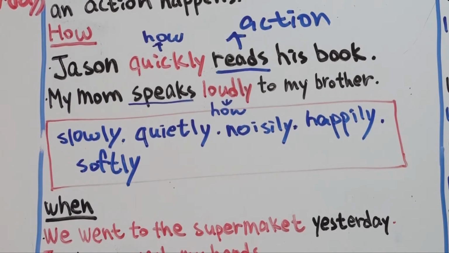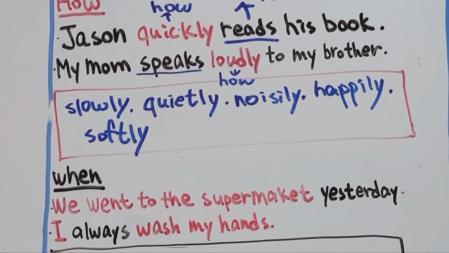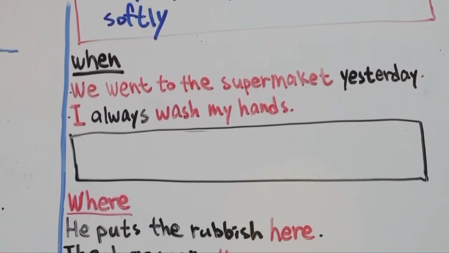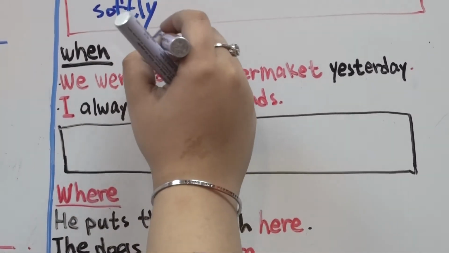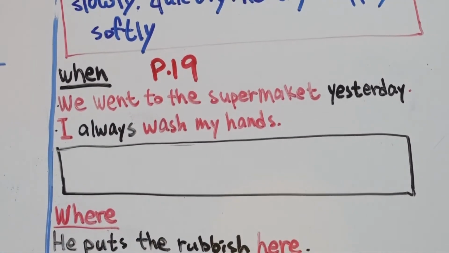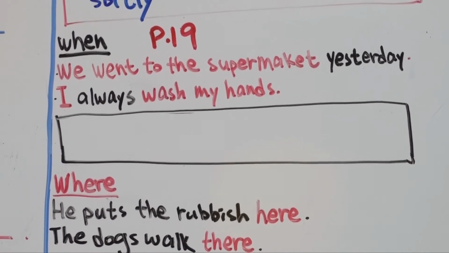We are done with this. Now look at number 2. An adverb can also tell you when an action happens, right? That should be in your book, page number 19. Page 19, okay? When an action happens. Let's look at the example.